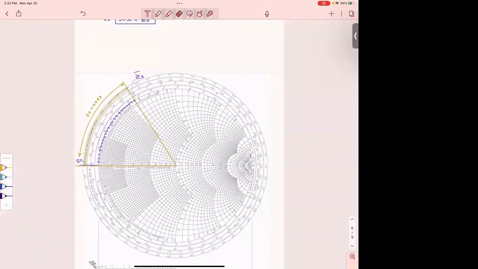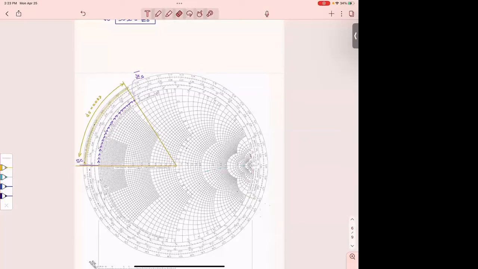If I were to move from this open end all the way until I find the input of the stub, then I will have to go around the whole half circle, plus this one that we found, which makes the total length of the stub. The half circle is a quarter of a wavelength plus this. So it would be 0.25 plus this, which is very long.